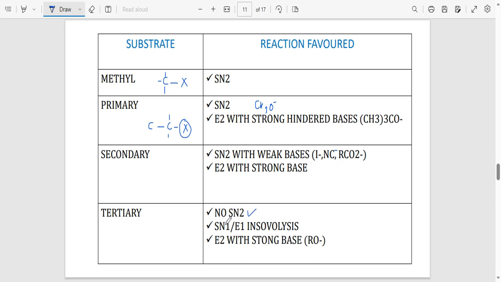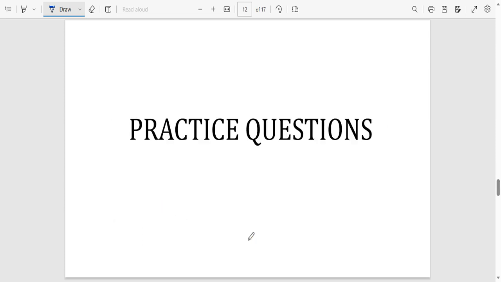It can either be SN1 or E1, because of solvolysis. And you are going to go by the E2 mechanism when you use a strong base. So in a case where SN1 and E1 reactions are competing, just use a strong base on a tertiary substrate, then you are going to go by the E2 reaction.